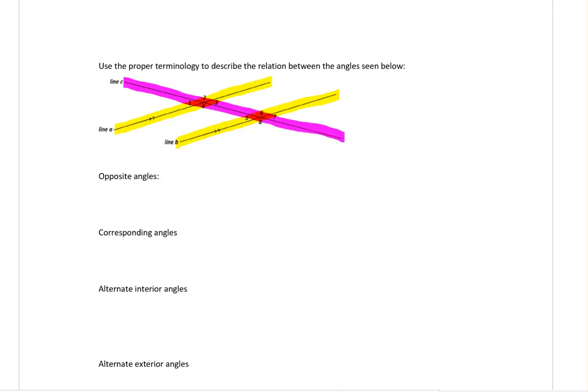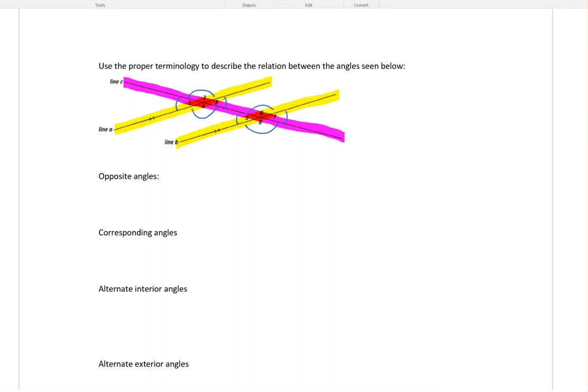When this happens, we get 8 angles made. We have angle 1, 2, 3, 4, 5, 6, 7, 8. So 8 angles are formed in this situation.